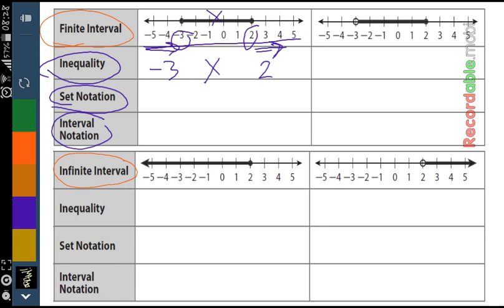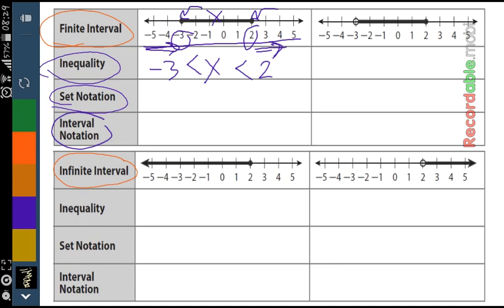So we can represent this using inequality by saying x greater than -3 and less than 2. It remains one question: does x equal -3 and does x equal 2? The answer to this question is to look at the circle at both numbers. This circle and the other one are shaded circles.